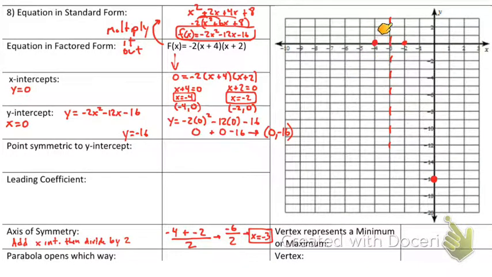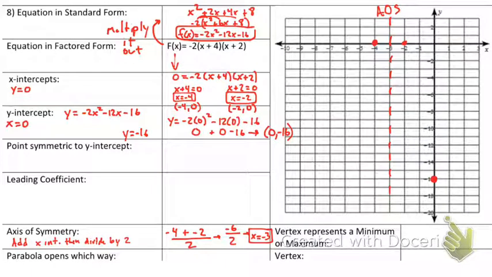It's not part of my graph. It's just a very important line that splits my graph into 2 parts. So axis of symmetry, AOS, it's x equal to negative 3 because it's going through the x-axis at negative 3. Okay? So I'm going to continue this dot all the way down.